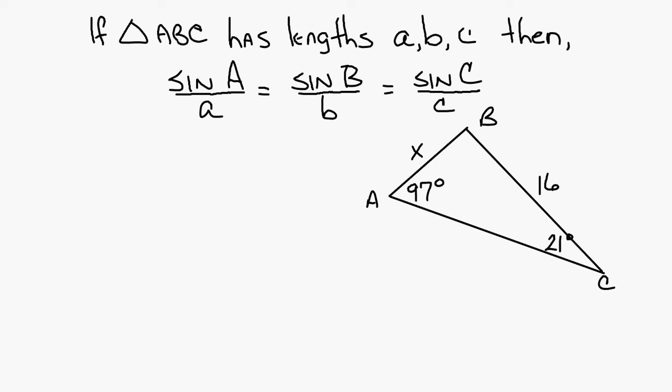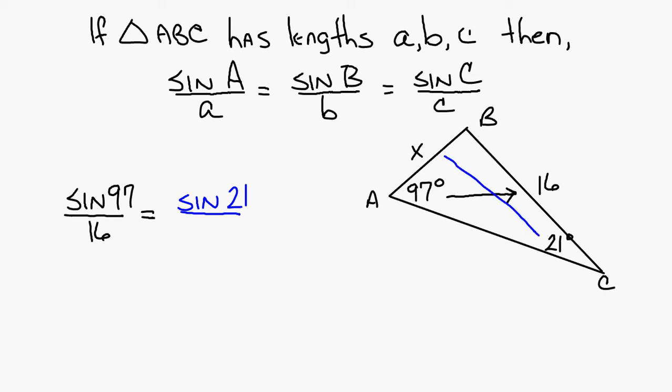The law of sines says that the sine of an angle, the sine of 97 over its opposite side, which is 16, is going to be equal to the sine of any other angle in the triangle over its opposite side. So sine 97 over 16 is going to be equal to sine of 21 over its opposite side, and its opposite side is the X that is missing.